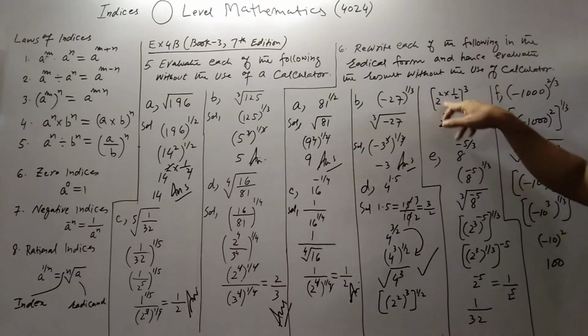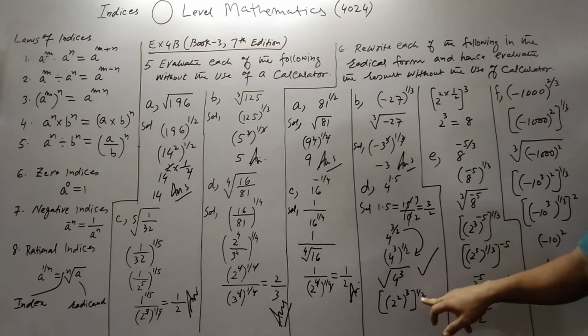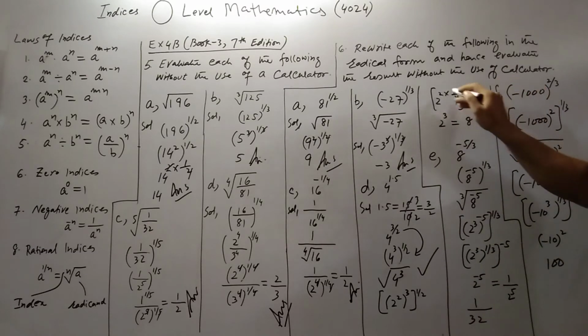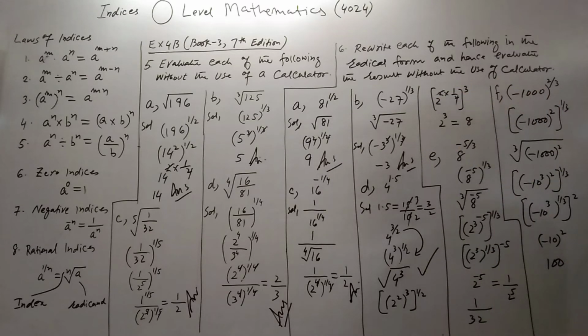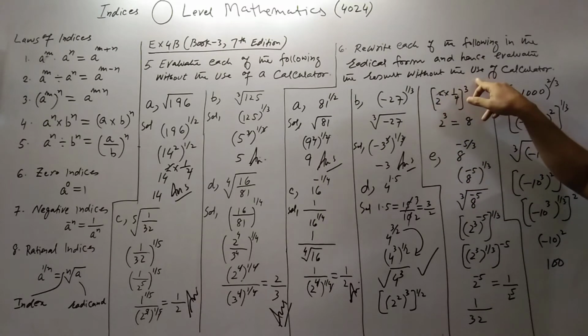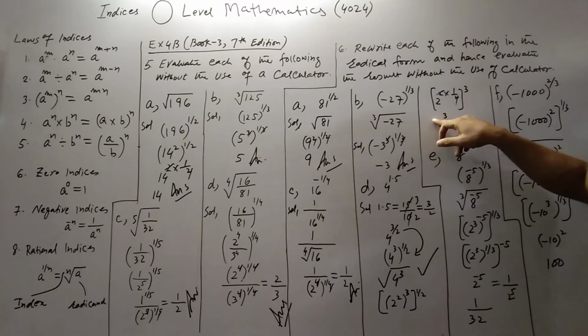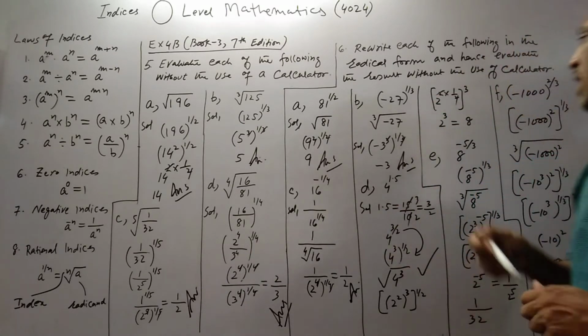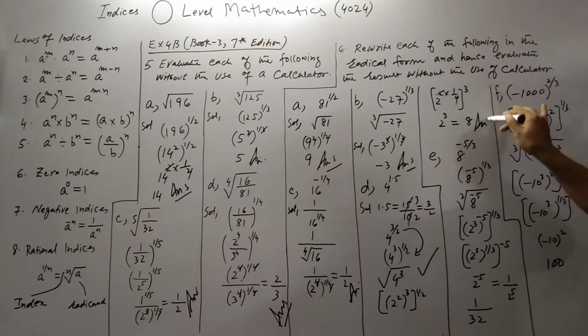I wrote 2 to the power 2 into 1 upon 2 whole power 3. So no difference between this and this. But the main point is I want to cancel this 2 by 2. What is remaining? 2 to the power 1, 1 into 3, 1 3 is a 3. 2 power 3 is 2 into 2 into 2. 2 twos are 4, 4 twos are 8. So 8 is our final answer.